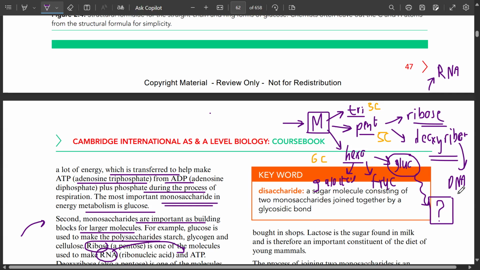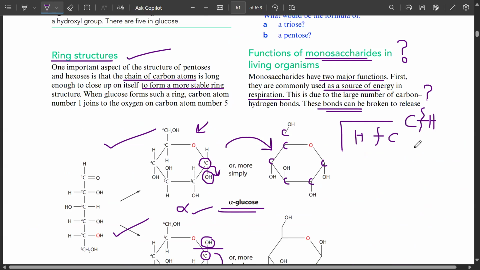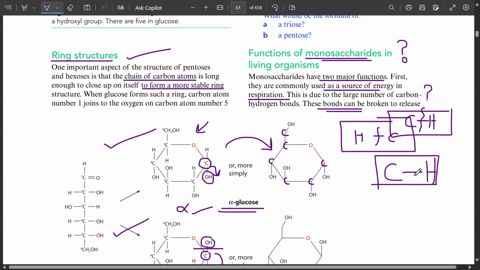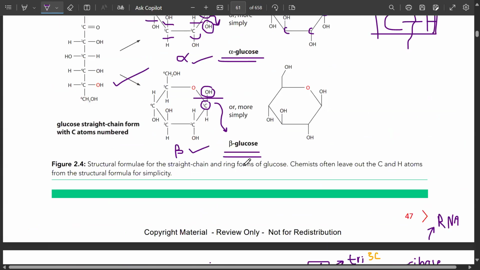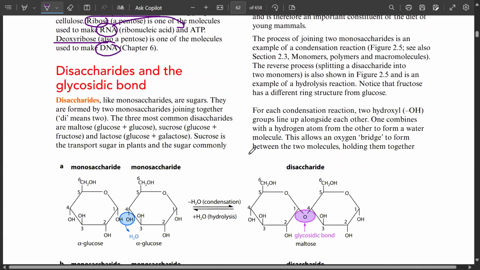It provides energy in respiration, correct, by breaking down. But what actually gets broken down? Carbon-hydrogen bonds. You see these? Broken down, broken down. Clear? When these break down, they are exothermic. They are going to release energy.